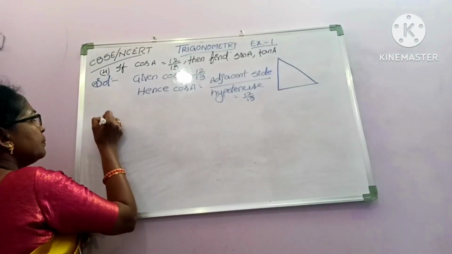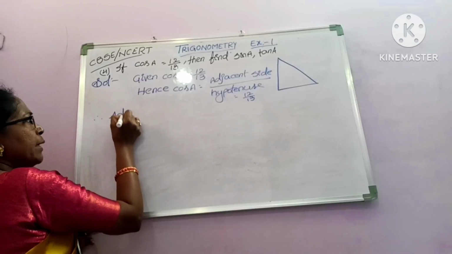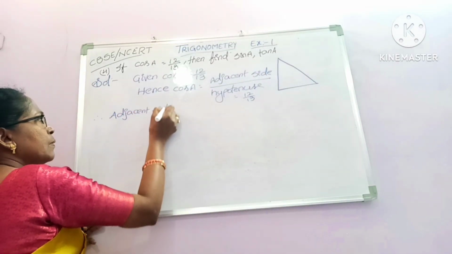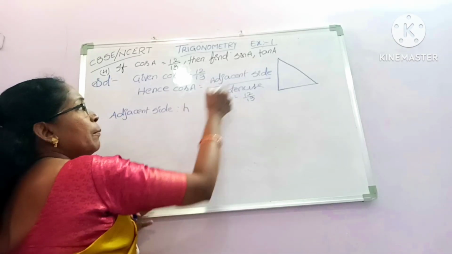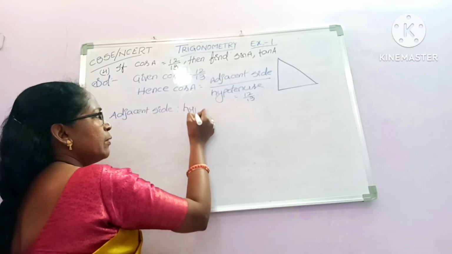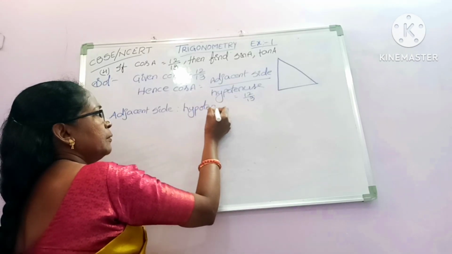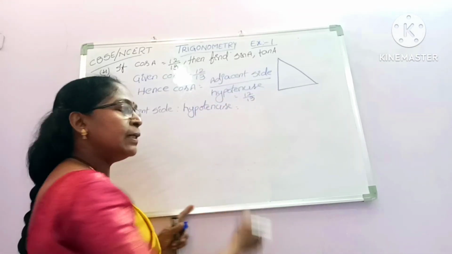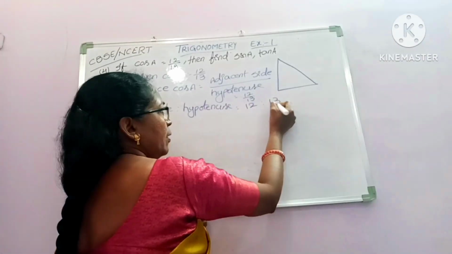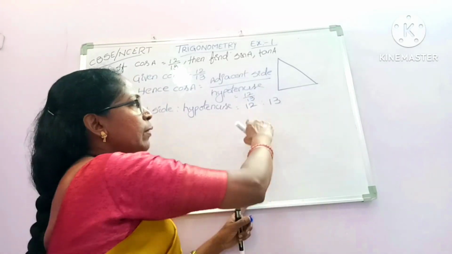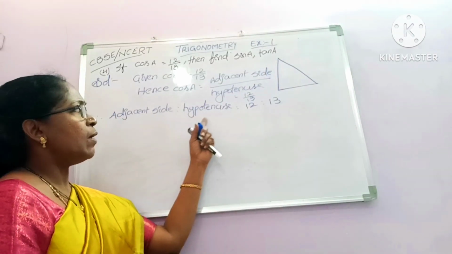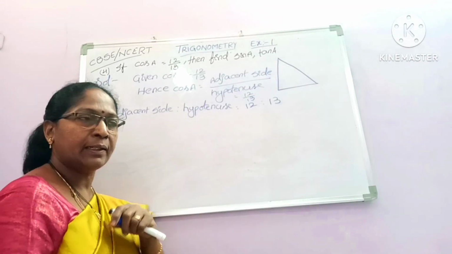So therefore adjacent side is to hypotenuse, the 'by' is nothing but 'is to'. So adjacent is to hypotenuse equal to 12 by 13, which is nothing but 12 is to 13. So therefore adjacent side is to hypotenuse equal to 12 is to 13.